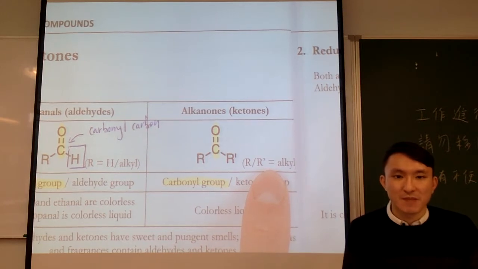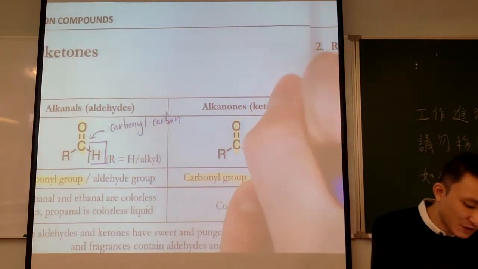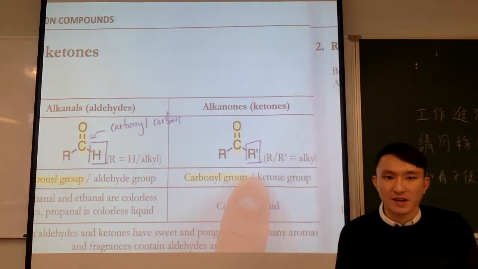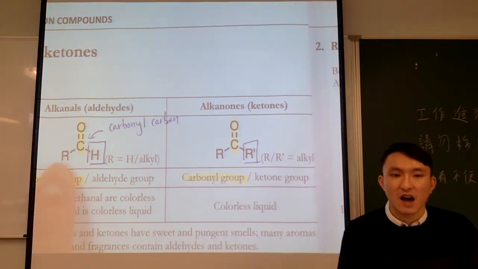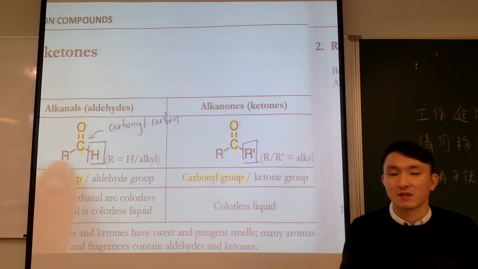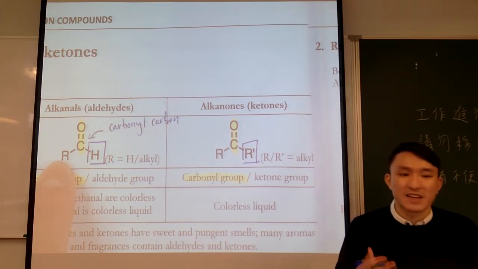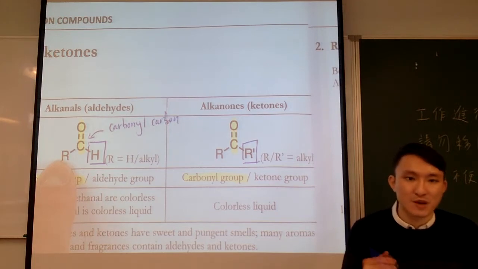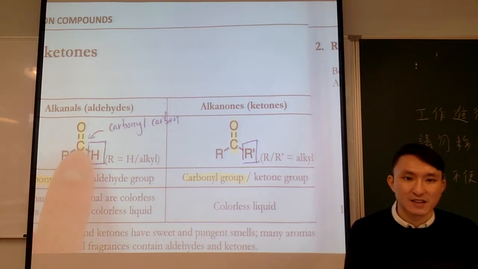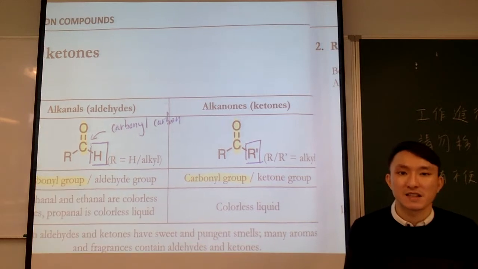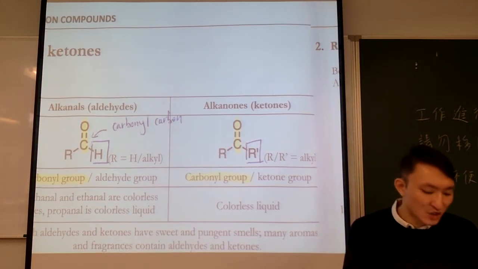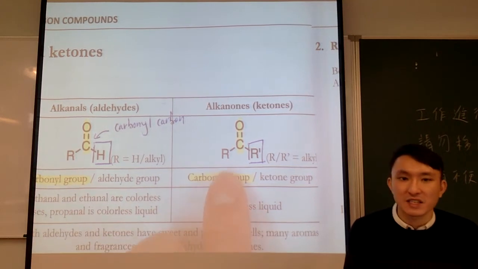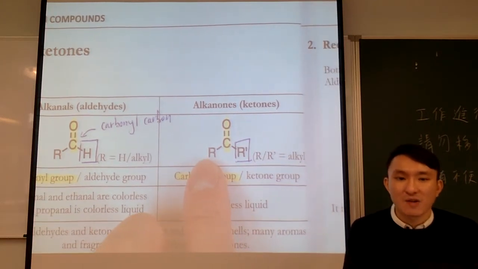So this is the key difference, and what's more is that for aldehyde, this R, which again corresponds to the alkyl groups, can also be a hydrogen atom. So in fact, the first member of aldehyde has the carbonyl carbon connected to two hydrogen atoms. That one will be methanal. However, for ketone, the R must correspond to alkyl groups.